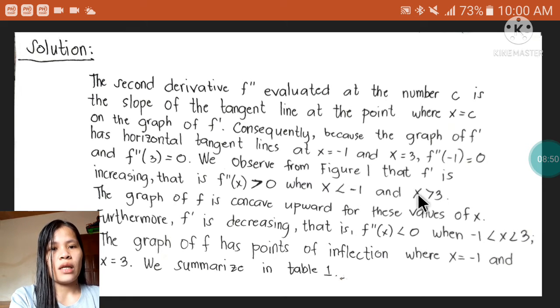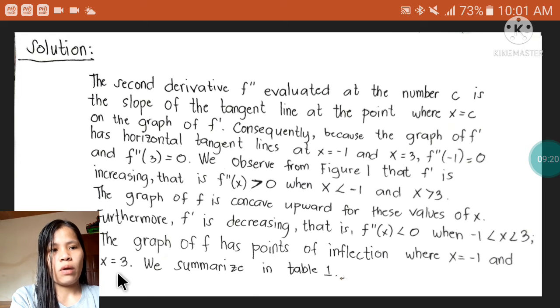The graph of f is concave upward for these values of x. Furthermore, f prime is decreasing. That is, the second derivative of f of x is less than 0 when negative 1 is less than x less than 3. The graph of f has points of inflection where x is equal to negative 1 and x is equal to 3. We summarize in table 1.